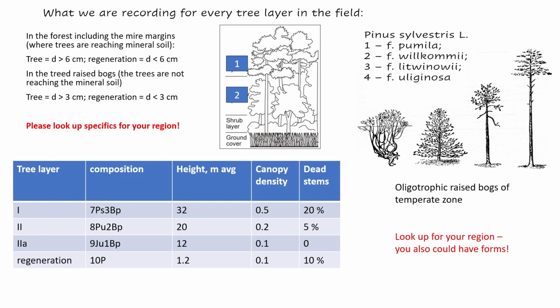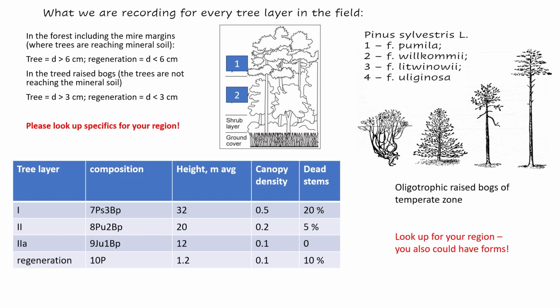So what are we recording? We designate the tree layers in the field. For the stand, what is the particularity for peatlands? In the forest, including the mire margins, where trees are reaching the mineral soil, the rule is that a tree is everything that has a diameter of more than 6 centimeters.